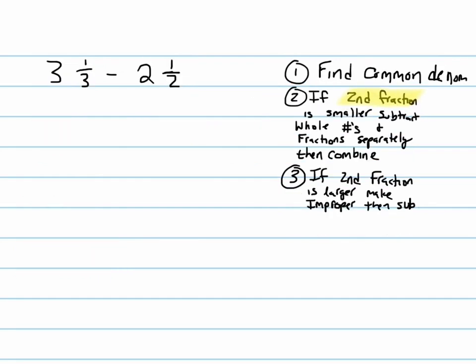Alright, now let's look at another one. So this one I'm going to focus on this example because if the second fraction is larger, make it improper. So let's find a common denominator first. So I'd rewrite this as, I'm going to multiply this by 2 over 2 and this one by 3 over 3. So I'll keep my whole numbers, 3, and the new fraction is 2/6 minus 2, and this fraction is 3/6.